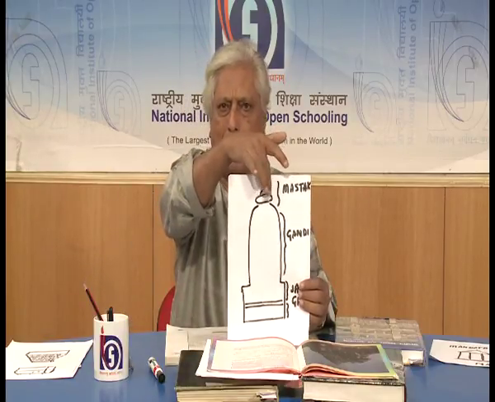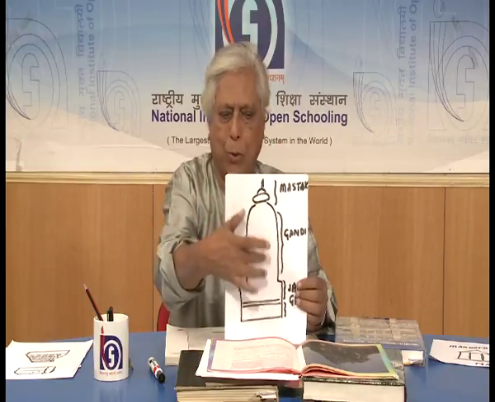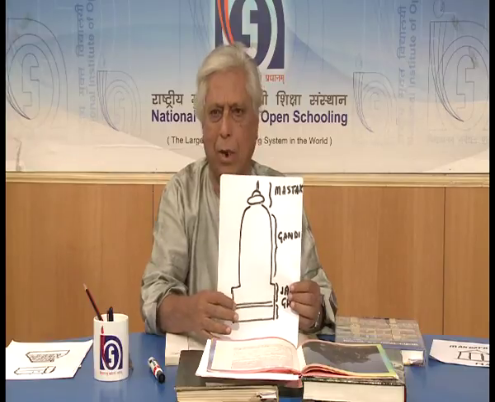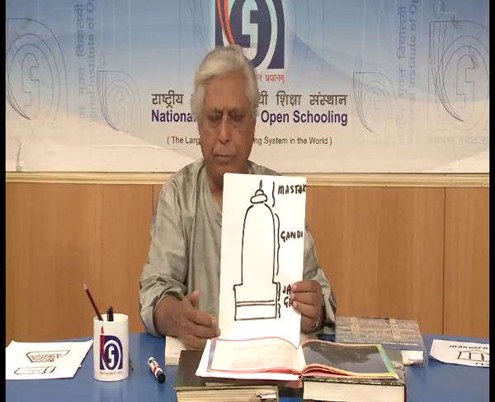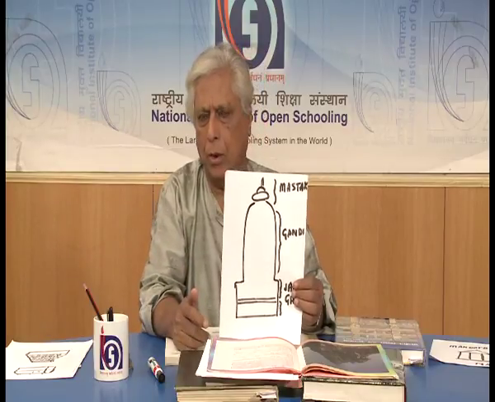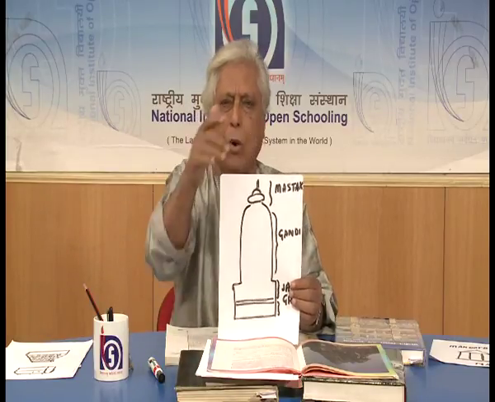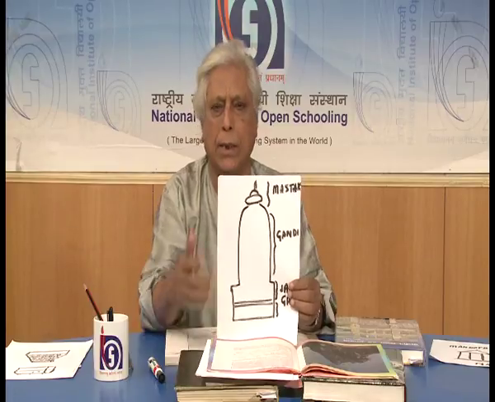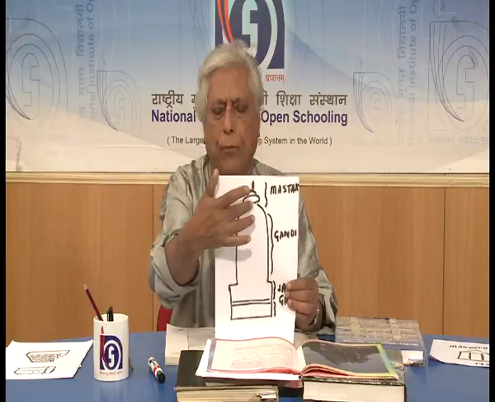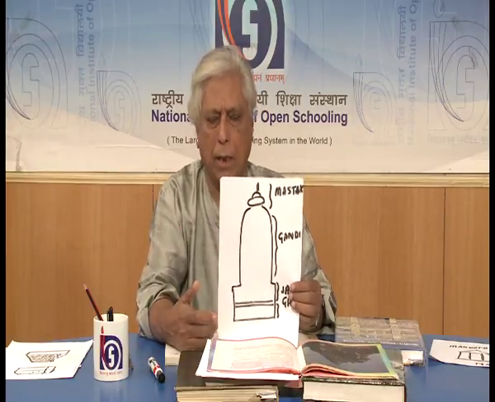Mastaka is the upper part, the torso part is called Gandi, and the lower part is called Jangha. Now, in the upper part, two important components are the finial, which they call Ayudha, and this pillow-like, cushion-like form called Kalasha.